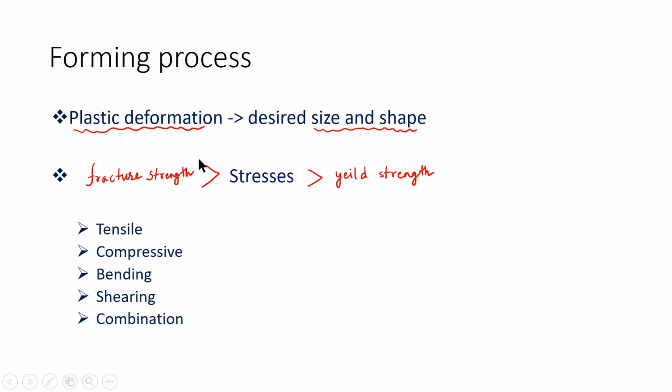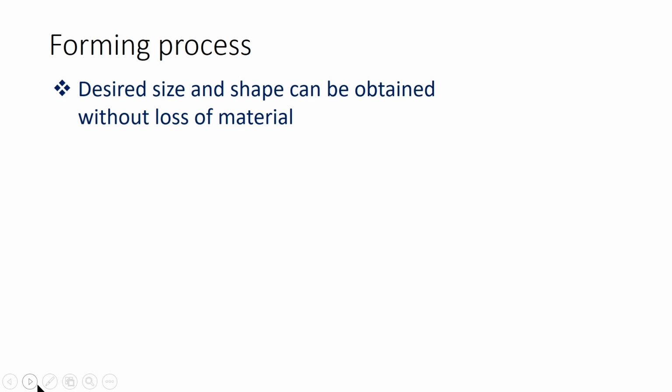These stresses will be generated by applying forces. So, you can apply tension or compressive forces, or you can apply forces which generate bending stresses, shearing, or a combination of these. The peculiarity of the forming process is that we are not losing any material.